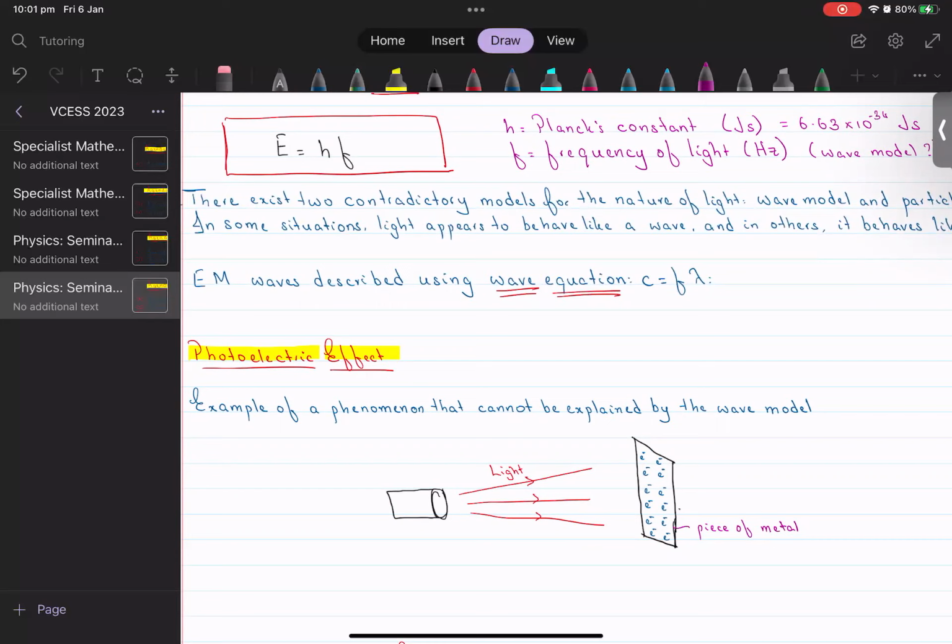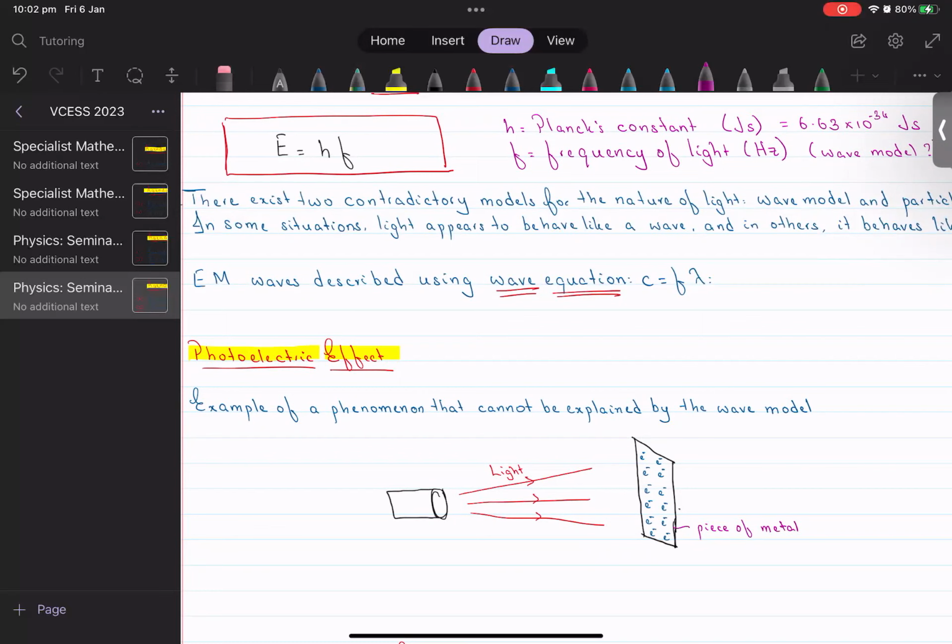Basically, the problem is that light is going through multiple personality disorder. Sometimes it behaves like a wave, sometimes it behaves like a particle. When does it do what? Well, we don't really know. It behaves however it feels like when it feels like it.